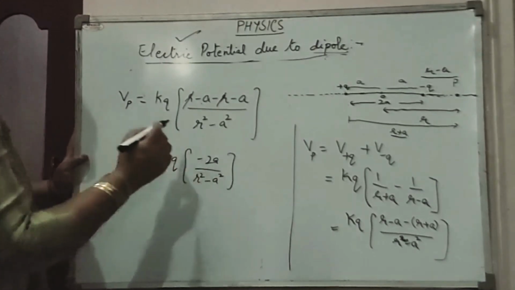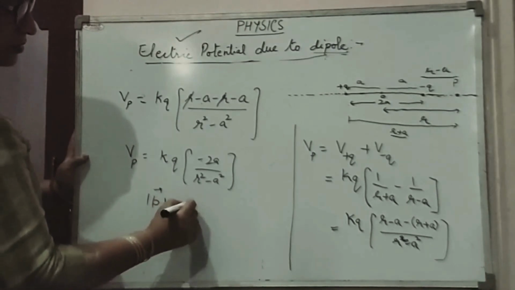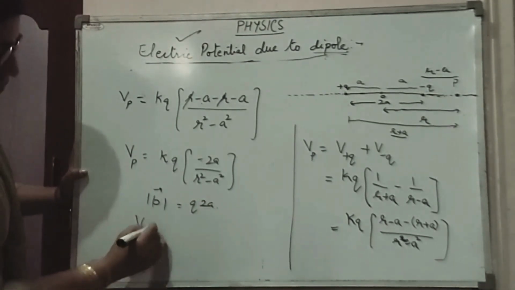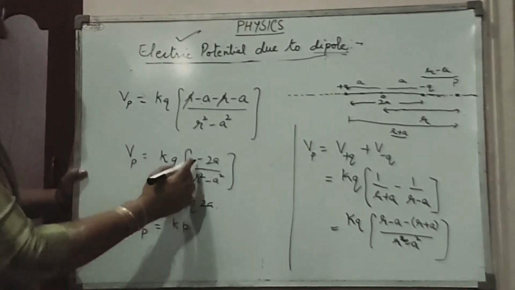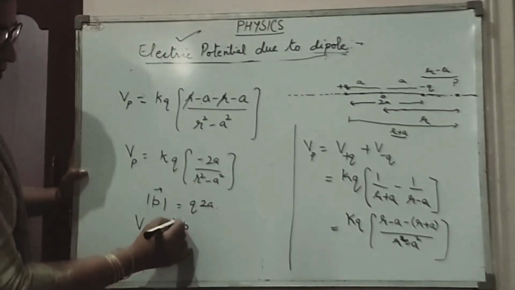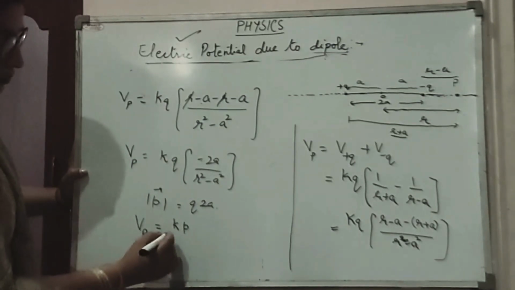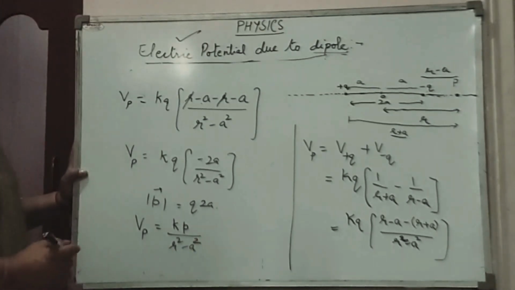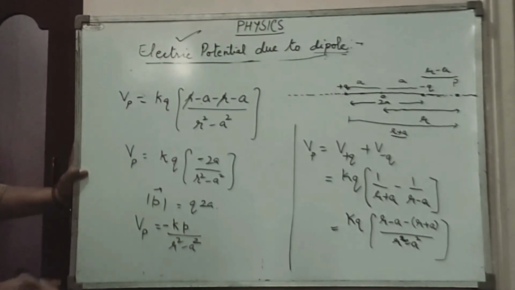As we know, the magnitude of the dipole moment is Q into 2A. So the potential is Kp upon R square minus A square, where I write Q into 2A as p, the magnitude only. Now why has this negative sign come?